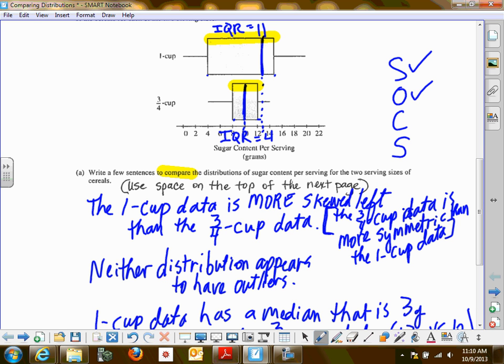So what do you have to say about the 1 cup data? It's much more varied, right? How much more varied? How many more grams varied?